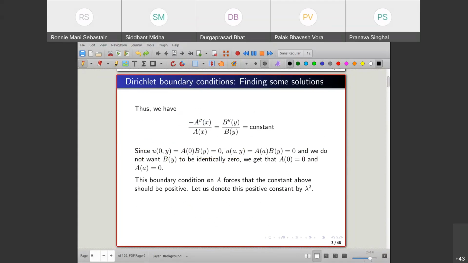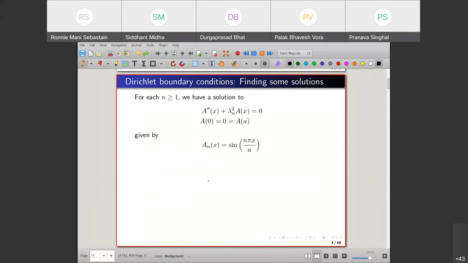This boundary condition on a forces the constant above to be positive, and let us denote this positive constant by lambda square. So this is basically our eigenvalue problem that we have to solve.